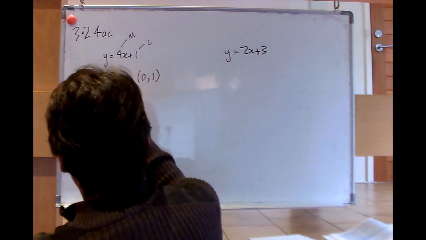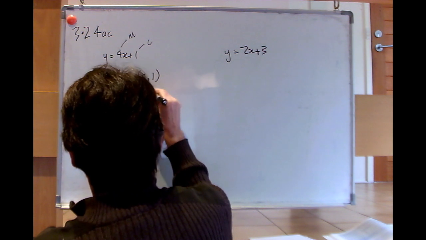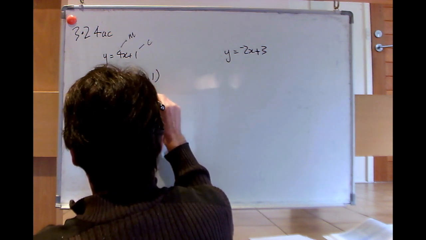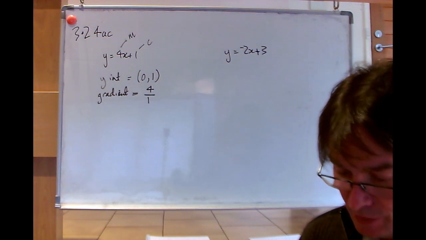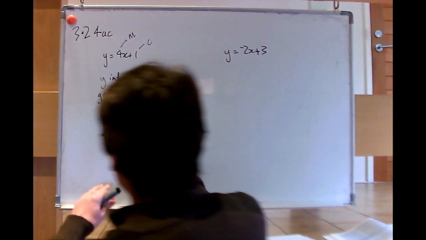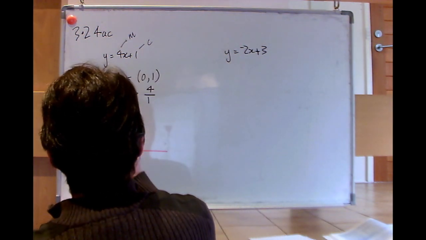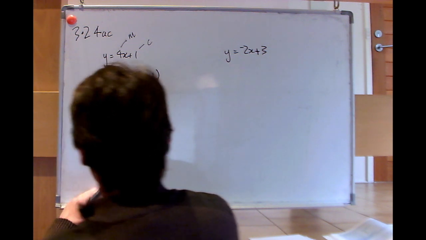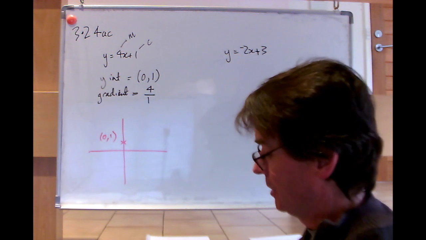Gradient. I'm going to write it as 4 over 1 because I want my rise and my run, so I write it as a fraction. Once I've got those two things, I mark down my y-intercept and then I use my rise and my run.